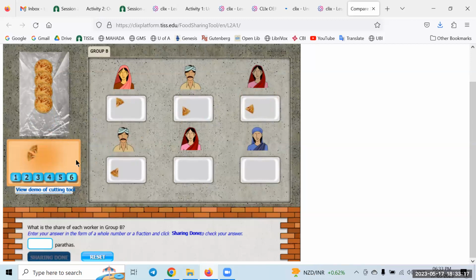Is it possible? Someone can tell me. Whatever you tell me, I will do it. 5/6. You can fill it 5/6. Shall I write the answer? You have to distribute, then only it will accept the answer. Yeah, that's the catch actually.